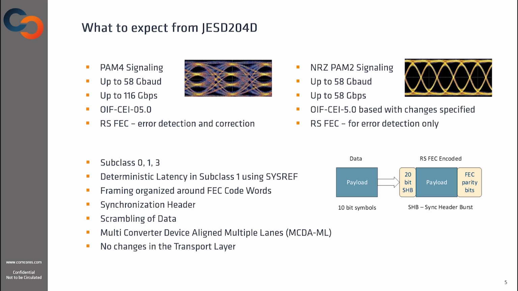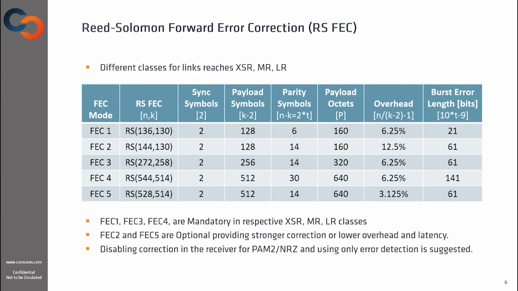Here on the right, you can see a picture that shows a payload that is being prepended by two symbols of the sync header burst and appended by the FEC parity bits. The big new thing for JESD204D will be the Reed-Solomon forward error correction encoding.